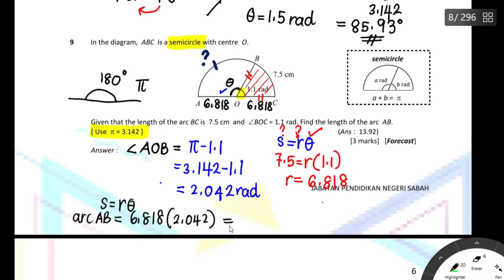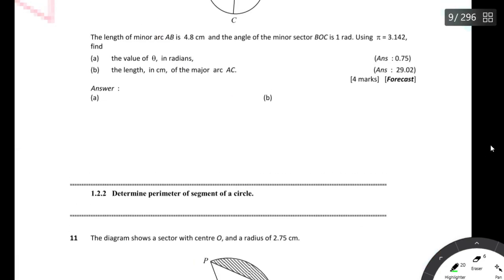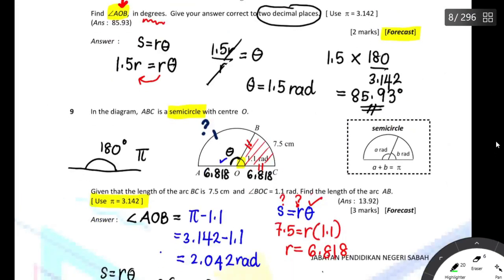So we multiply what we get, times 2.042, 13.92. All right, 13.92 centimeter is the arc length.